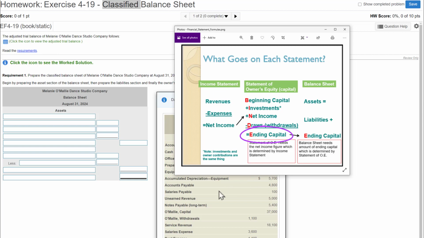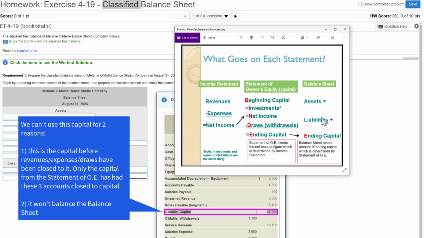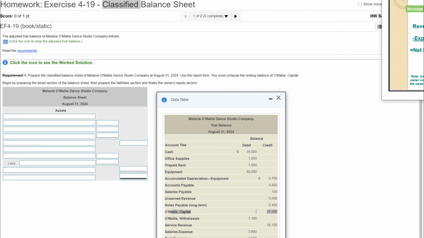Notice we cannot use this capital because it is not the ending capital. So they do not provide us with the statement of owner's equity, which is what you would do in the real world. So what we'll have to do is back into the ending capital by just inputting the number that will make the balance sheet balance.